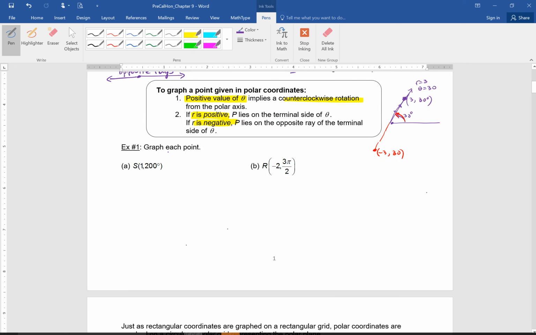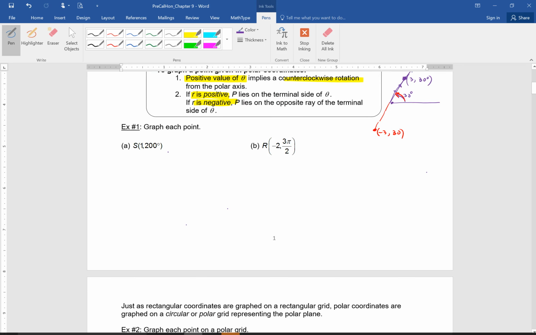All right, so let's graph these now. It says to graph each point, so you have S at (1, 200 degrees). So here's your pole. All right, here's your horizontal. Now, if you're going to go 200 degrees, where is that? Here, right?